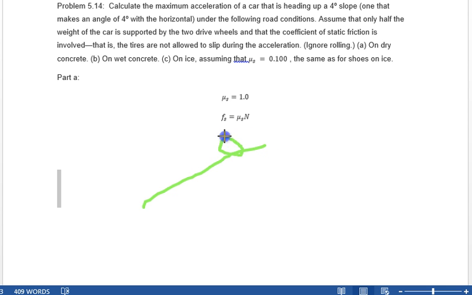here's a wheel. Half the car's weight is coming down this way. But the normal force, if you'll remember, is the force straight into the slope. Well, it is a 4-degree slope, so that 4 degrees is also the angle there. So the maximum force has a cosine of 4 degrees in it.